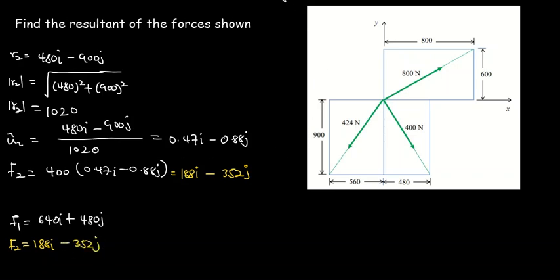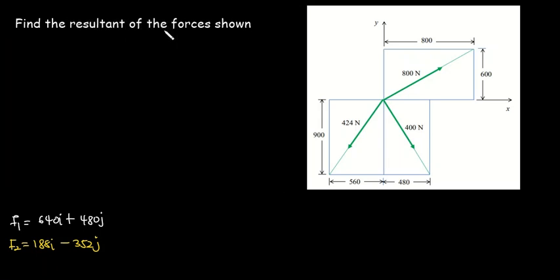Okay, so let's do the same for the 424 newtons force. Let's find its position vector. For that force, its position vector is going to have minus 560 in the x-axis and then minus 900 in the y-axis.